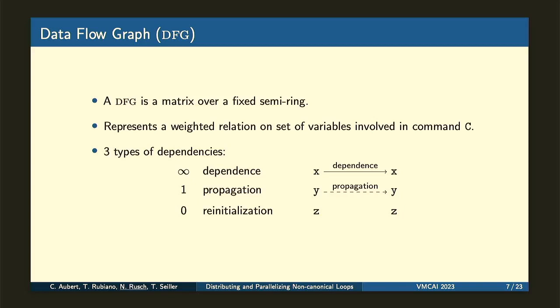You can have propagation, which we mark with a 1. And then you can have the 0, which is reinitialization. And there's a relationship here where the targets of the dependency arrow, those are actually the out variables. And then the sources of the dependency arrow, those are the in variables. And then also reinitialization, those are out variables.